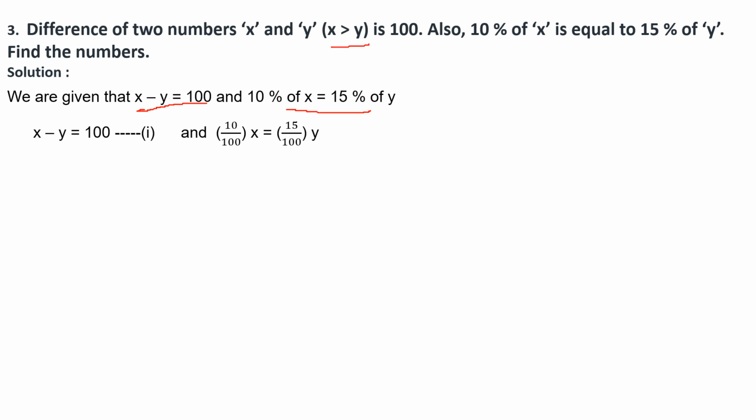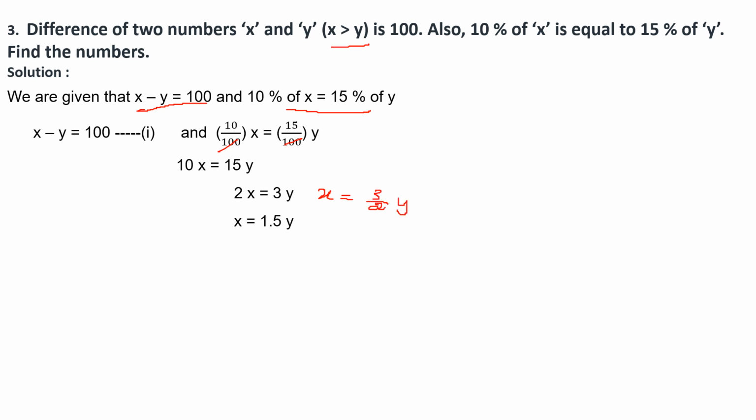So let us simplify the second equation. 10% means 10 by 100 into x equal to 15 by 100 into y. So you cancel 100 on both sides. So we have 10x is equal to 15y. Again you can cancel by 5. So 5 twos are 10, 5 threes are 15, so 2x is equal to 3y. Now x is equal to 3 divided by 2 into y.